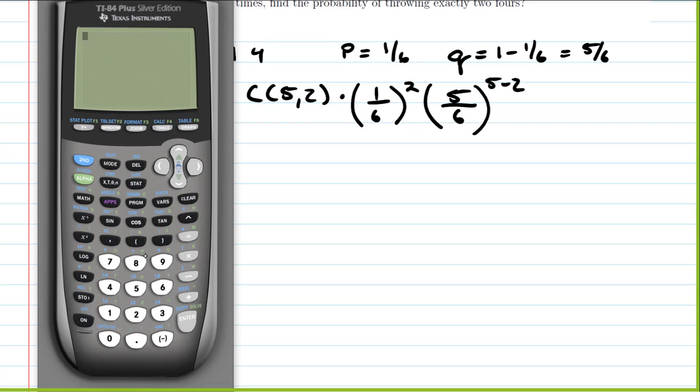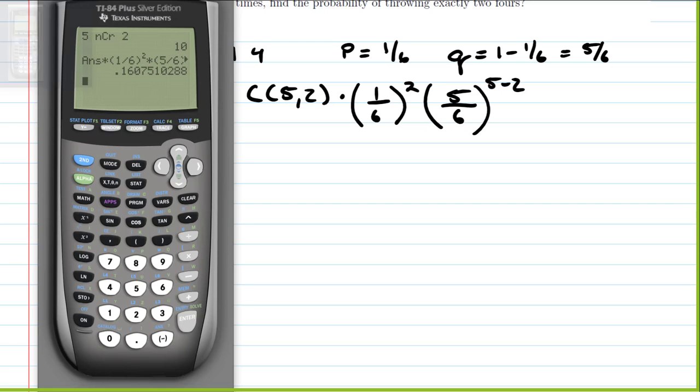And then we go 5 choose 2 gives us 10 times 1 over 6 squared times 5 over 6 to the 5 minus 2, which is 3.